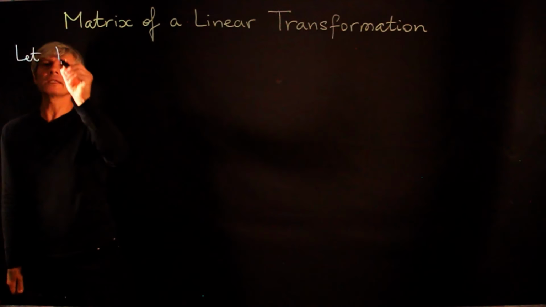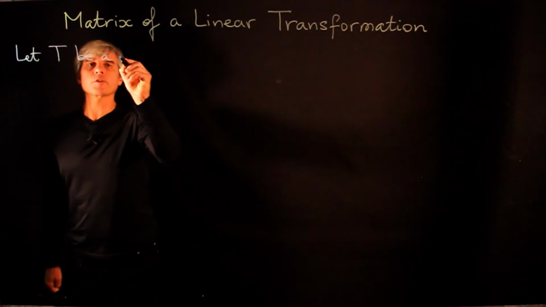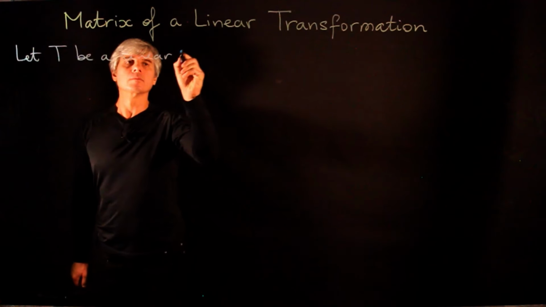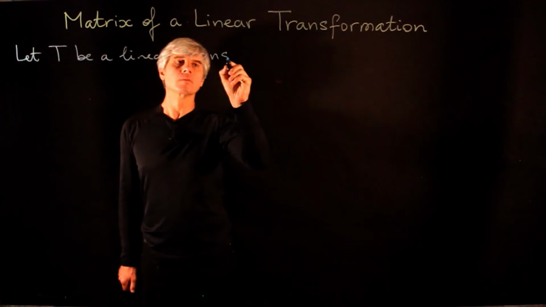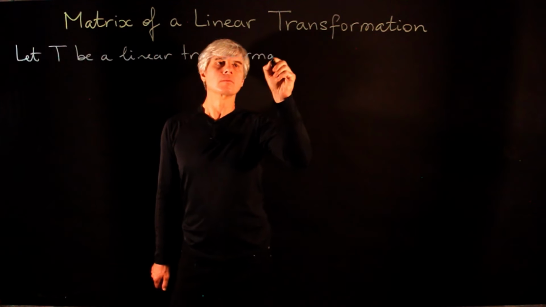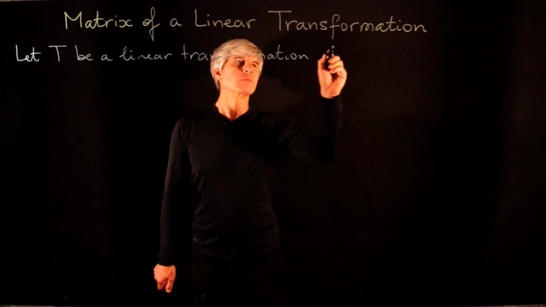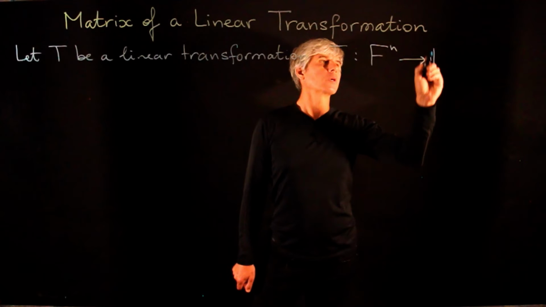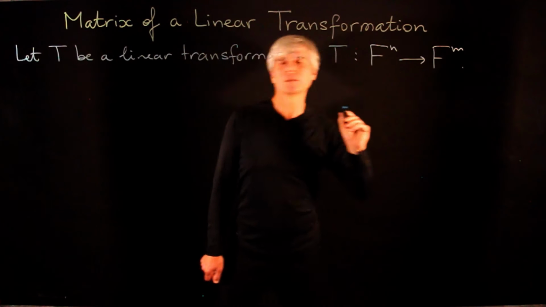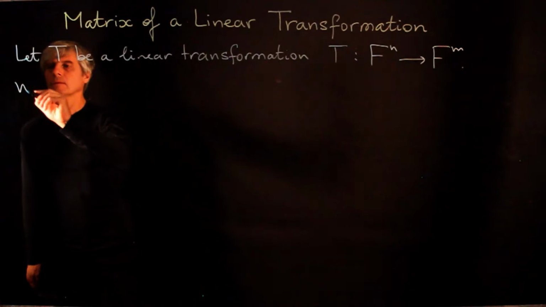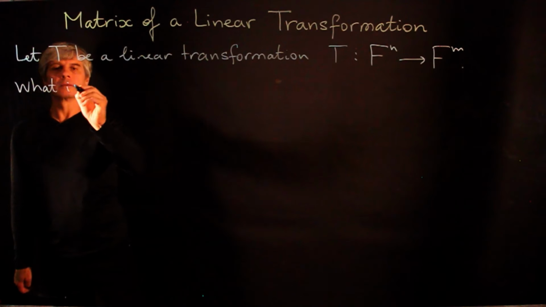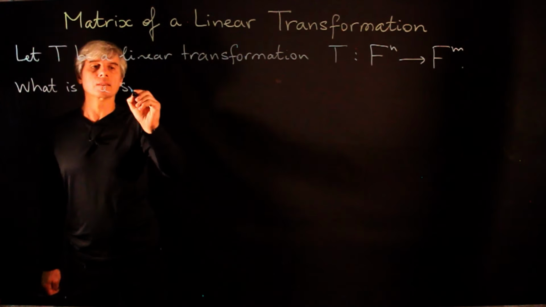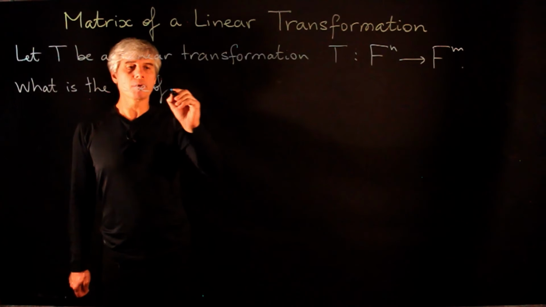Let T be a linear transformation from Fn to Fm. So what is the size of its matrix?